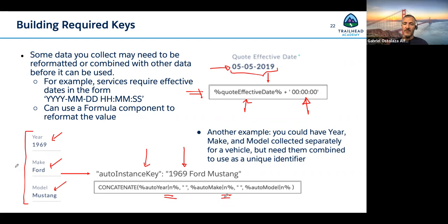Another example, an auto instance key or a person instance key or driver instance key, would be the first name and last name. You collect them as individual inputs during your Omniscript execution, but then you concatenate them to send them as the unique identifier of this element.